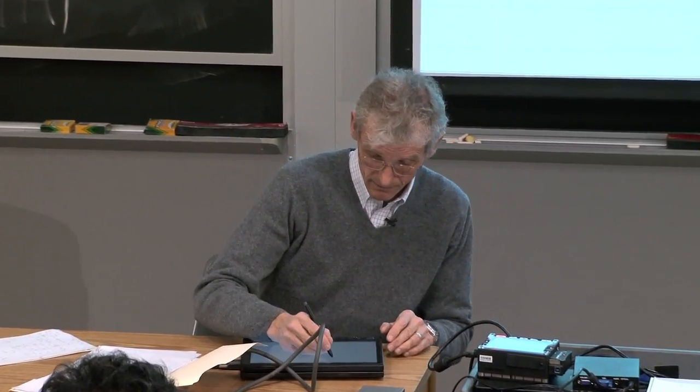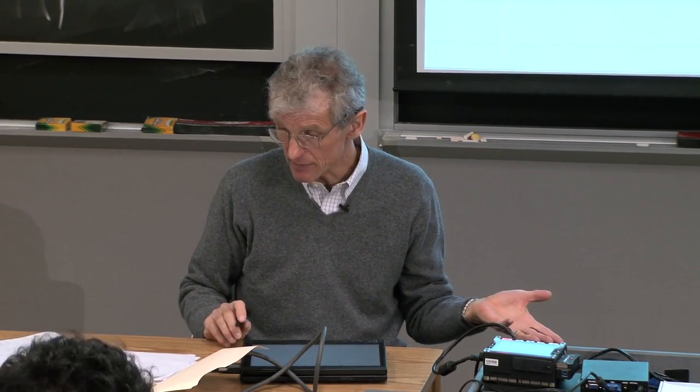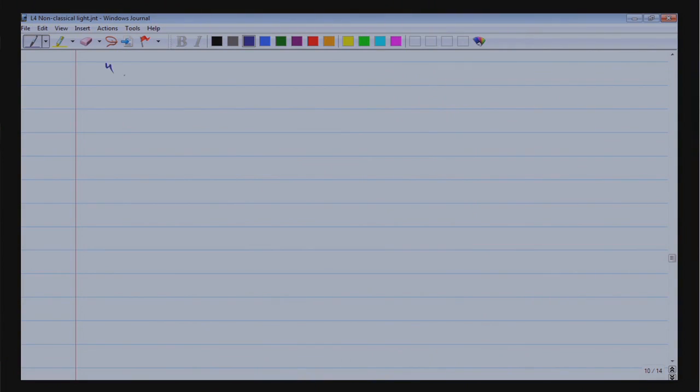Okay, so we have discussed the detection of squeezed light using a balanced homodyne detector, and balanced means that the beam splitter was 50-50. So now we are ready to discuss the unbalanced case.